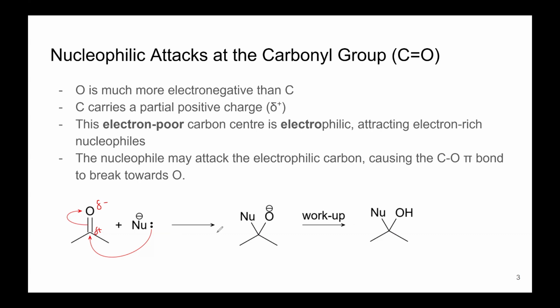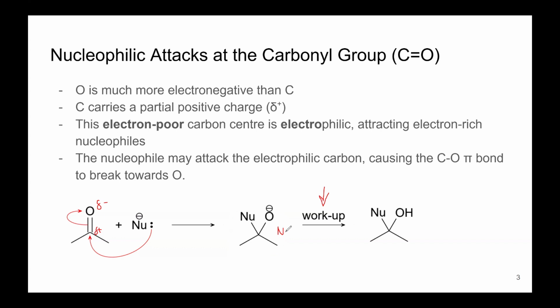After this attack, you would have a tetrahedral intermediate. And this tetrahedral intermediate, when you work up, which means adding an acid or a base to quench the reaction, or to have an organic product: because here you have a negatively charged species, you might have a positively charged species to balance it out.